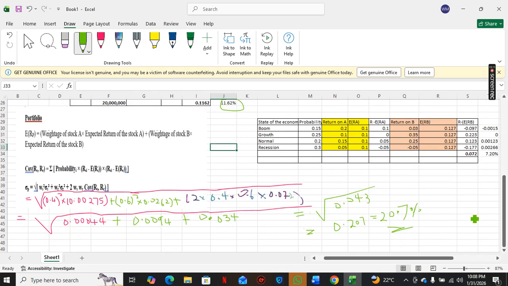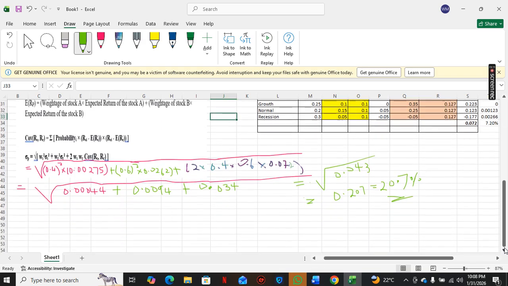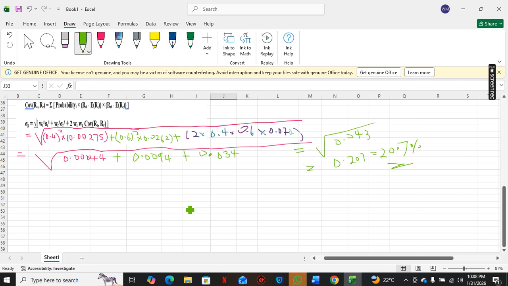So if we can make a diagram here. Expected return of the portfolio 11.62%. Just 11 plus 20, so I just get the numbers first.